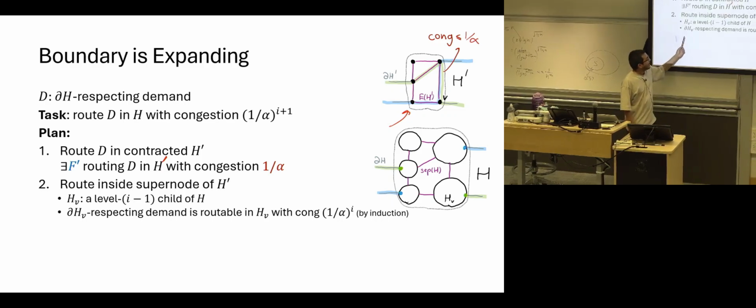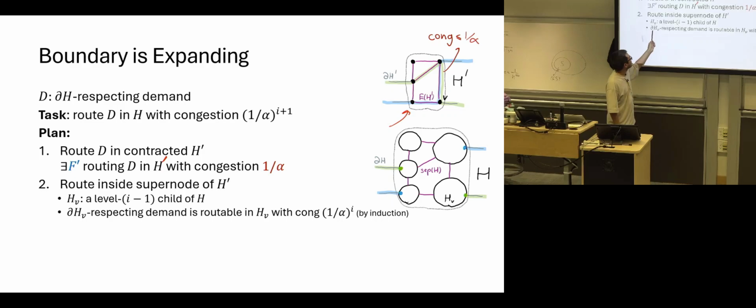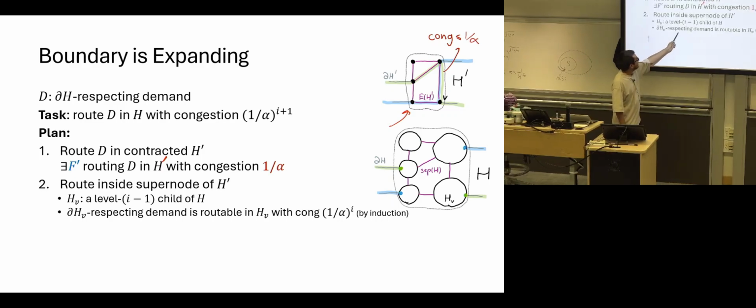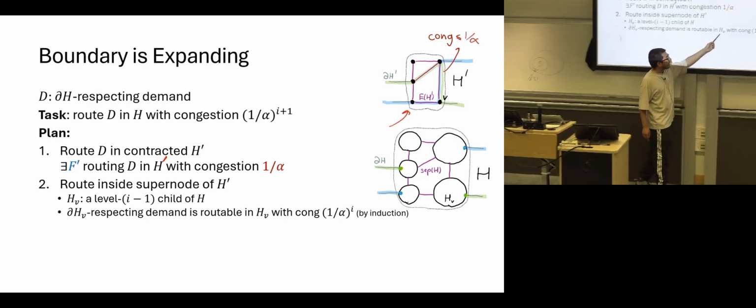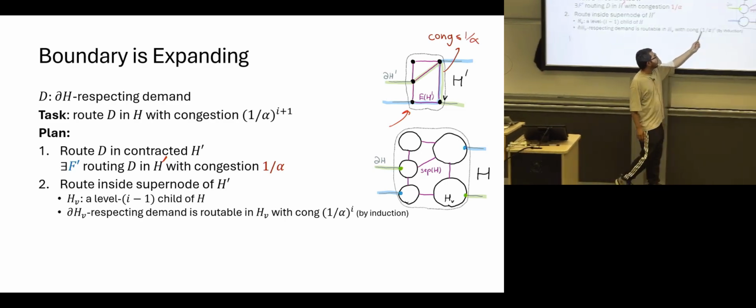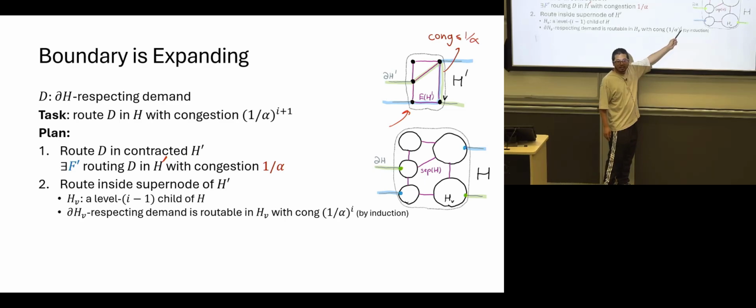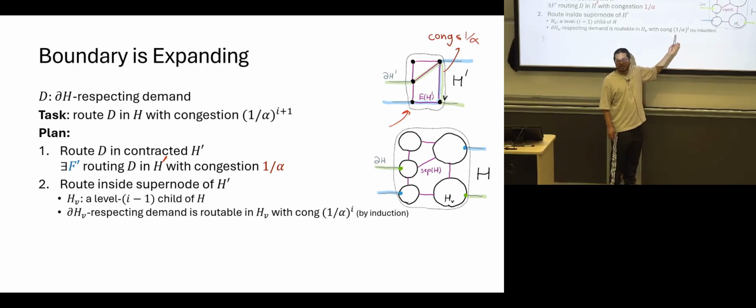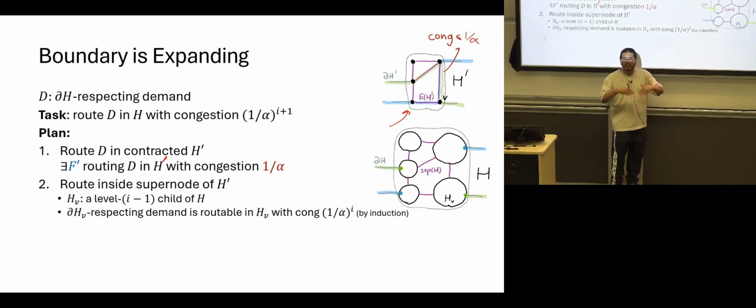I know that any demand that respects the boundary of HV is routable in HV with congestion 1 over alpha to the I. How do I know this? I just use induction.